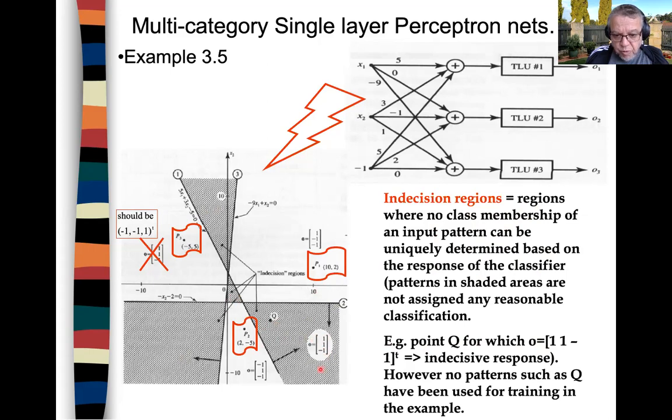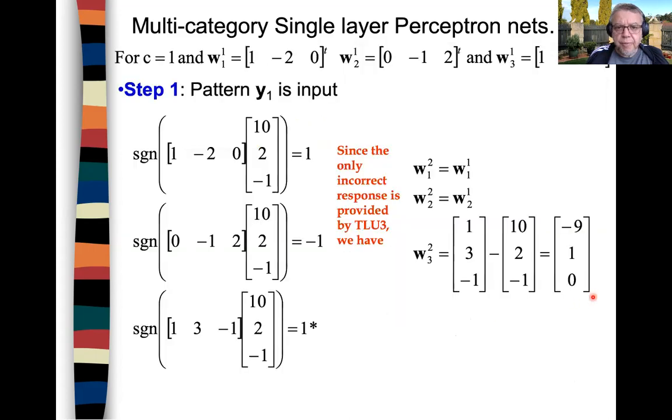That's not possible because our response is supposed to be 1 for only one output. However, no patterns such as Q have been used for the training in this example. We didn't train this, otherwise it would be confusing for the single layer perceptron.